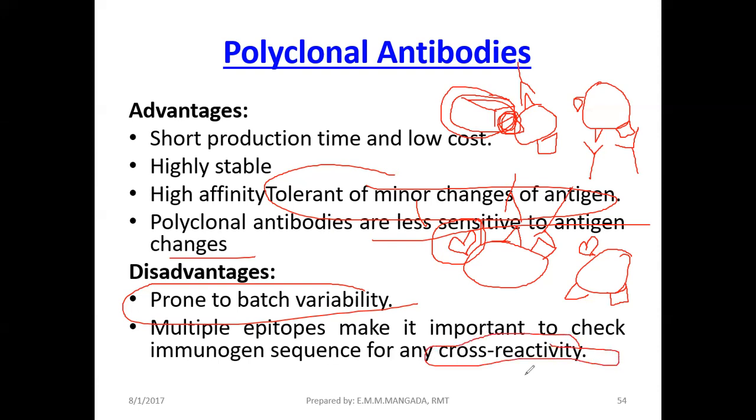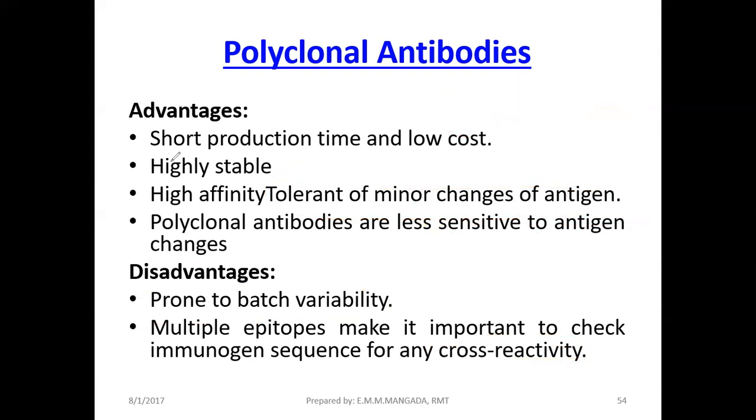Pagdating nyo guys, sa immunology and serology ninyo, one of the problems we have with our tests in immunology, serology, is yung tinatawag nating cross-reactivity. Pwedeng magkapareho sila nung epitope. So, example, ito yung strain ng isang bacteria o kaya isang microorganism.